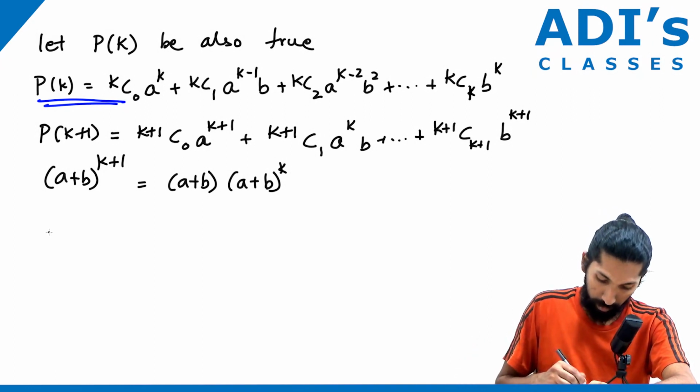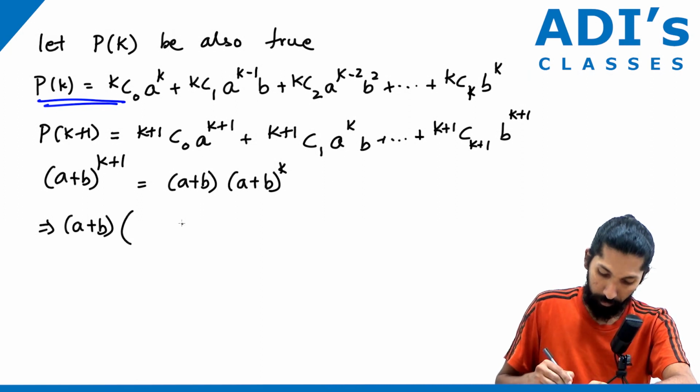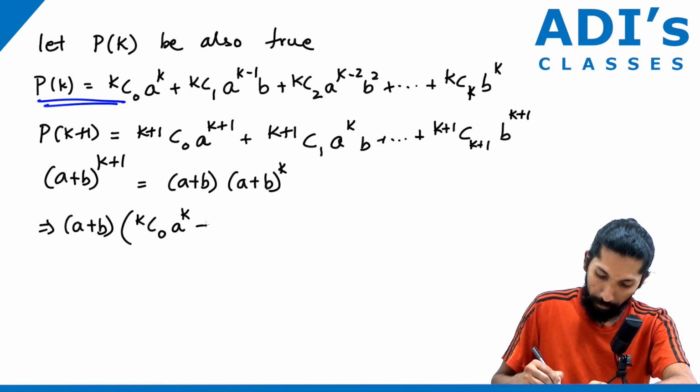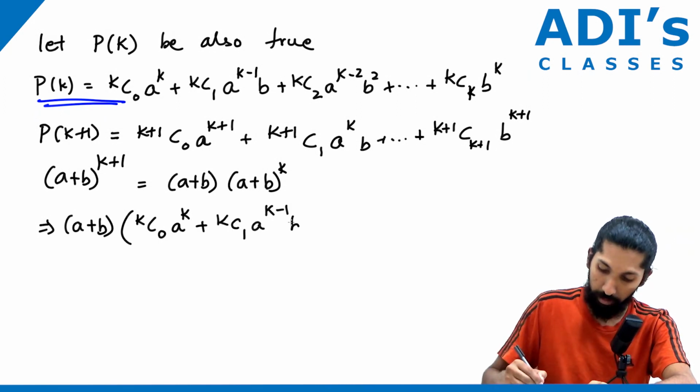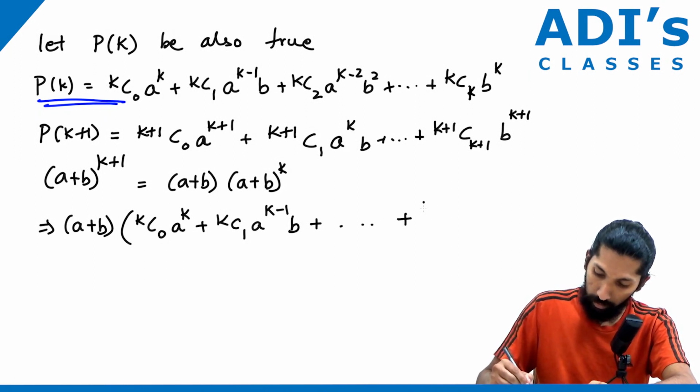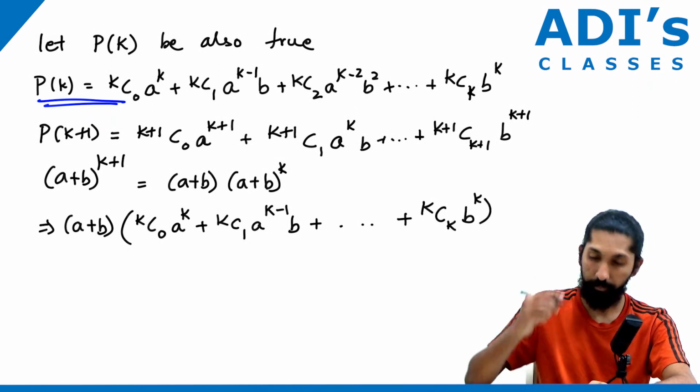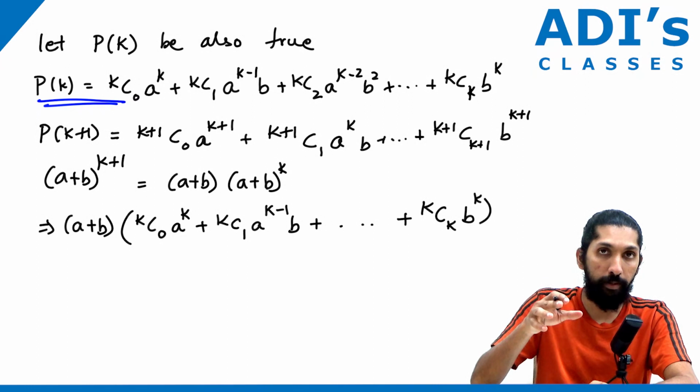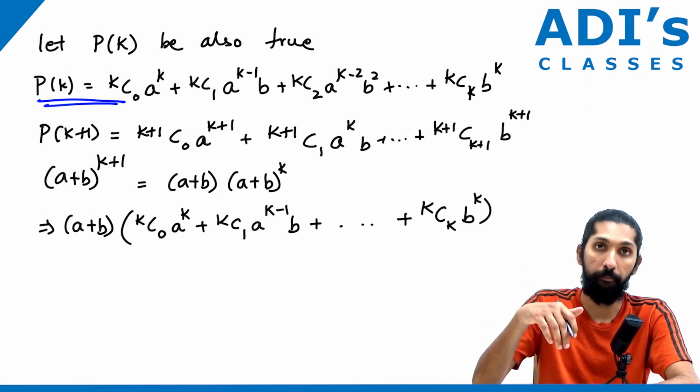So what we are going to get is (a plus b) into kC0 into a power k, kC1 a power k minus 1 into b, so on and so forth till kCk b to the power of k. Correct?